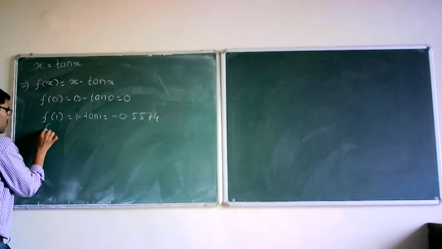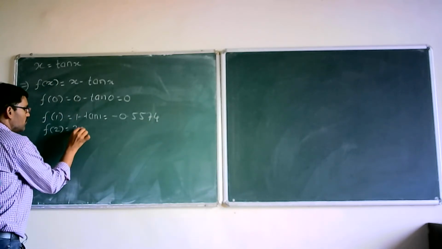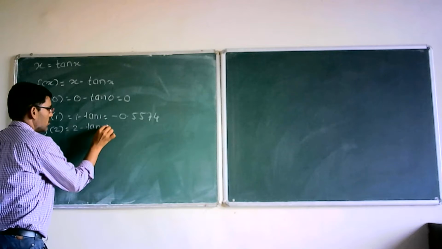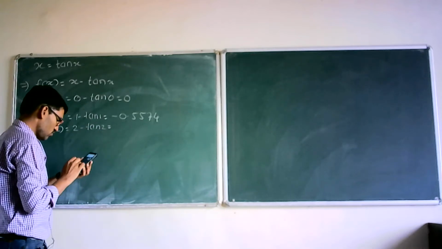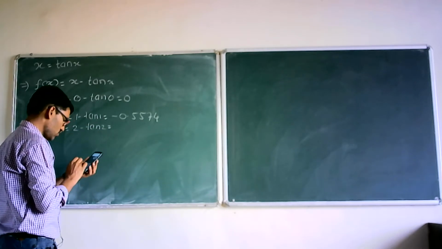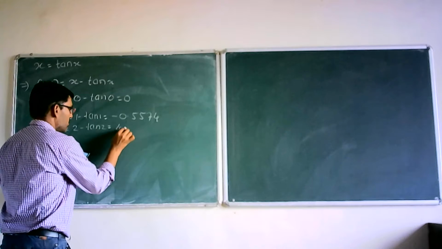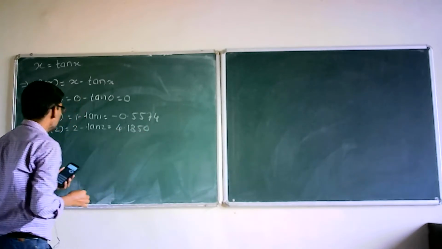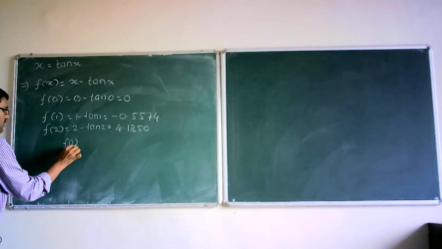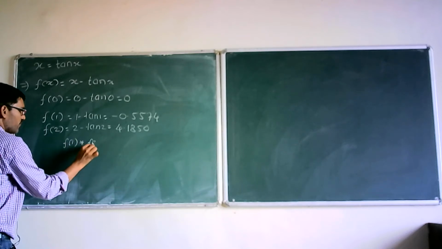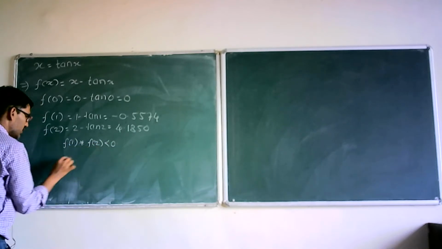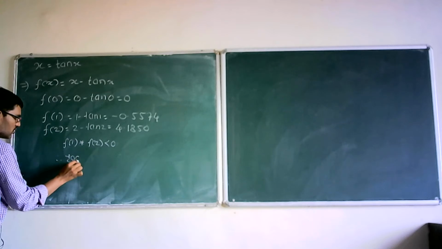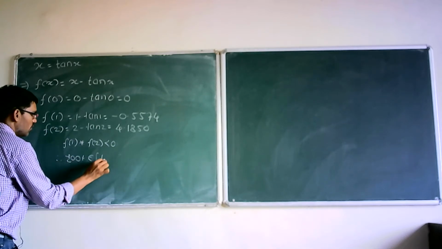And what is f of 2? 2 minus tan 2, which is equal to 4.1850. So if you observe, f of 1 into f of 2 is less than 0, and therefore the second root lies in the interval 1 to 2.